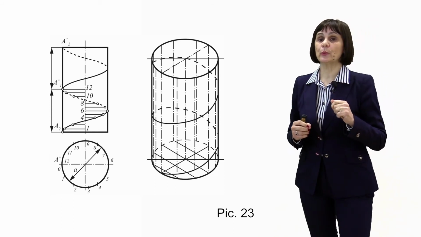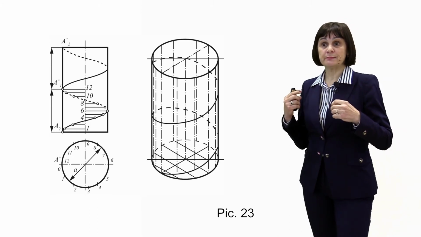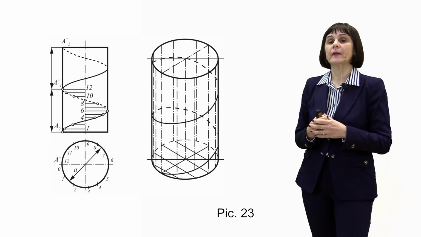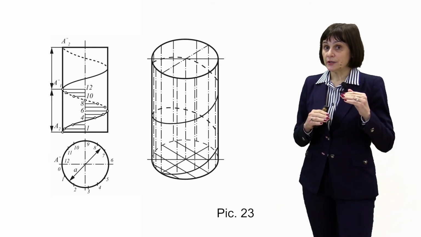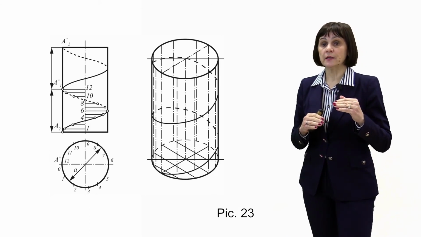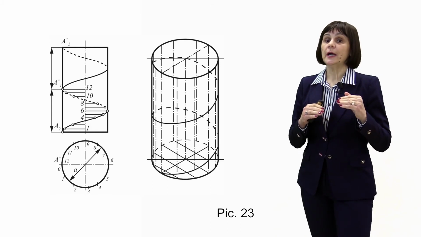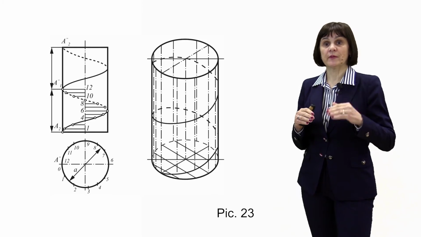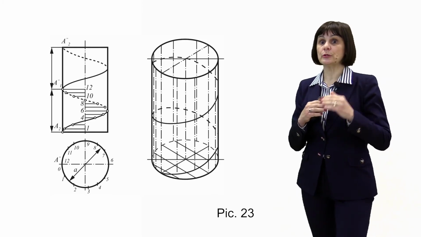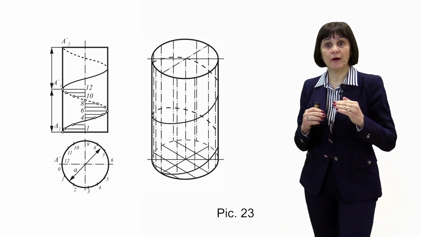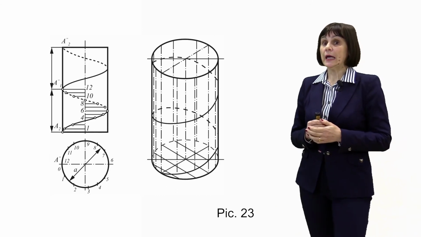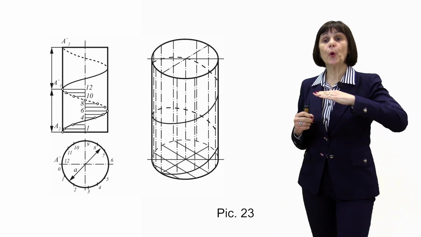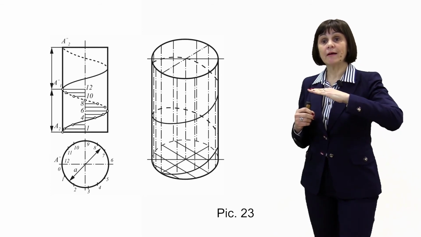It means that we will get two spirals of the helical line. Each part you should divide into 12 equal parts. And through these parts, you need to construct horizontal level lines.